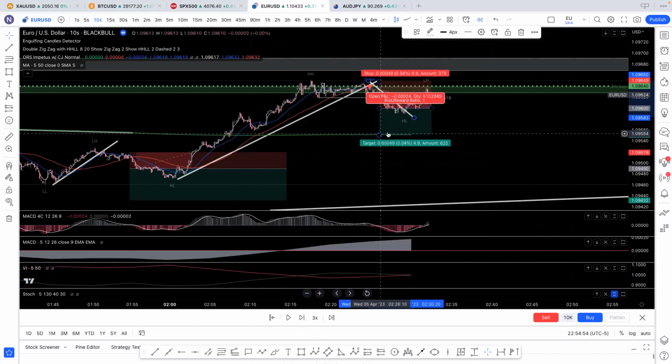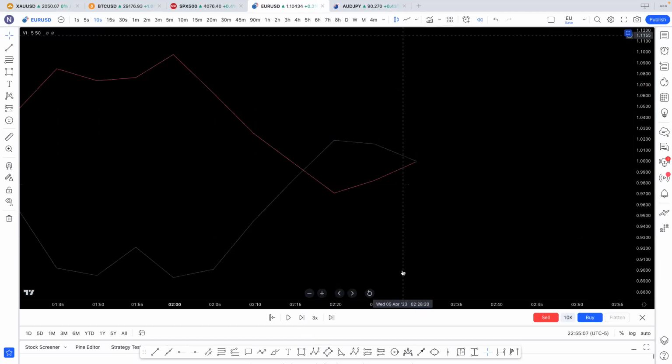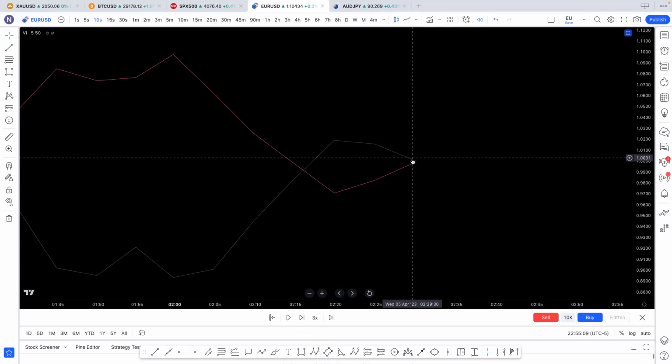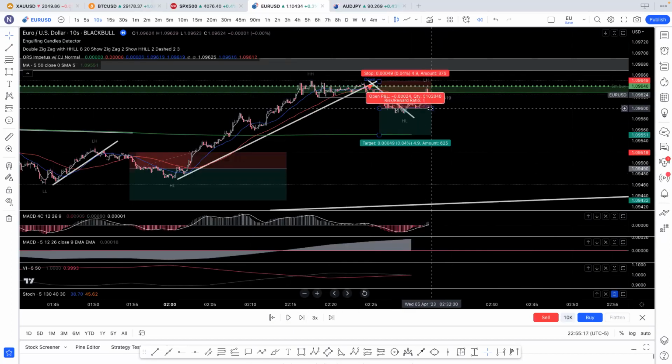Price is above the 50. So this is bullish. This is still kind of bullish. It hasn't crossed. Ugh, I feel so confused, and I don't want to be froggy.